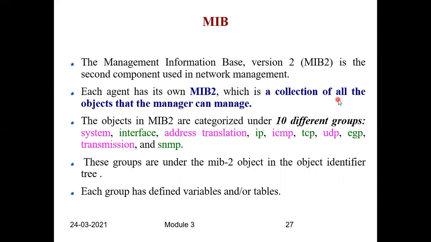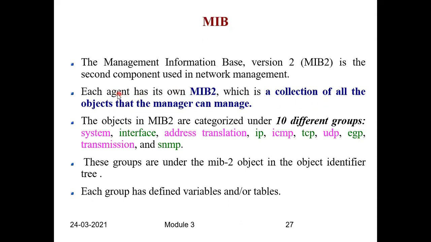Now, what is actually MIB2? It is a collection of all the objects that the manager can manage. Every manager has some limitation, like I can handle 10 objects, 10 components. So MIB is a collection of data of all those components, and the agent is maintaining its MIB.